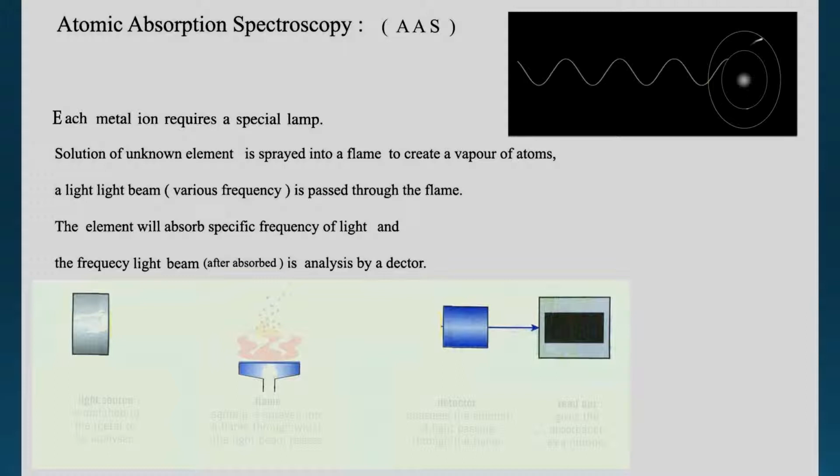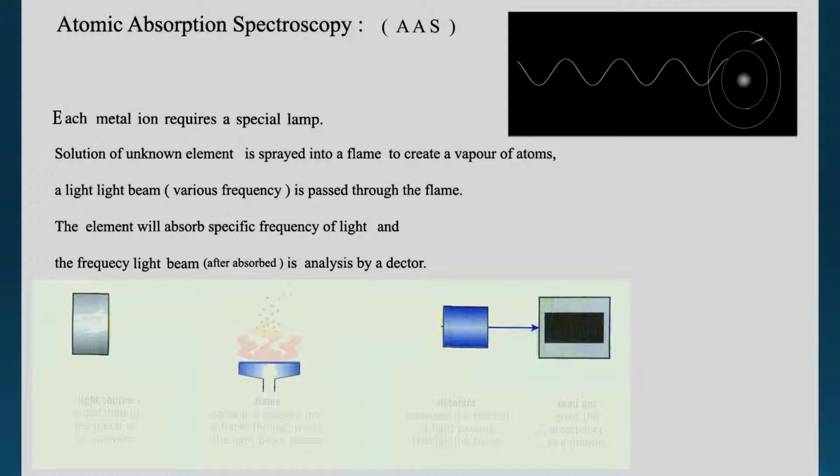The experiment is like this. First of all, each metal is required to have a special lamp to generate that frequency. And each lamp will generate one type of frequency. So you have to identify what metal you're testing before you go to the library to borrow the lamp.